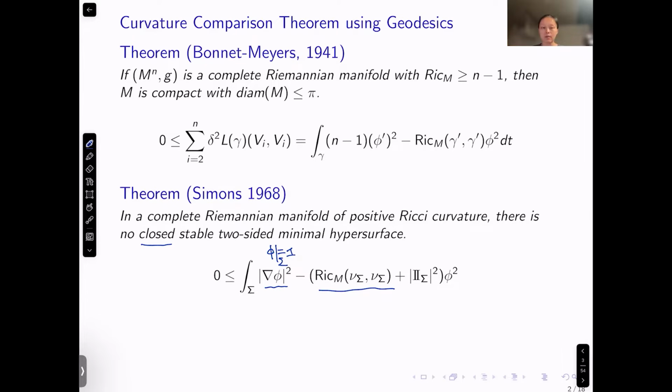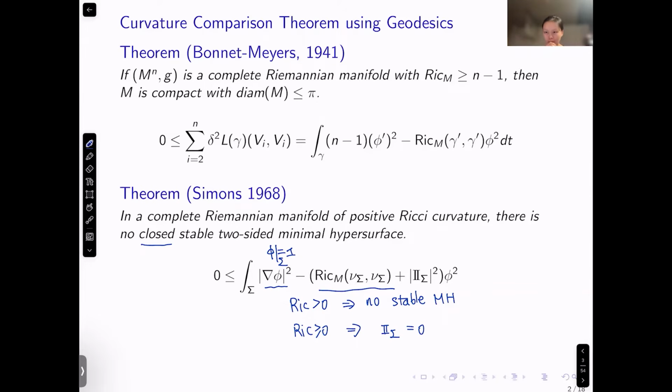Then Ricci strictly positive will give you a contradiction to the second variation. So there is no stable two-sided minimal hypersurface. And if Ricci is greater or equal to 0, then it has to be totally geodesic by this second variation formula.